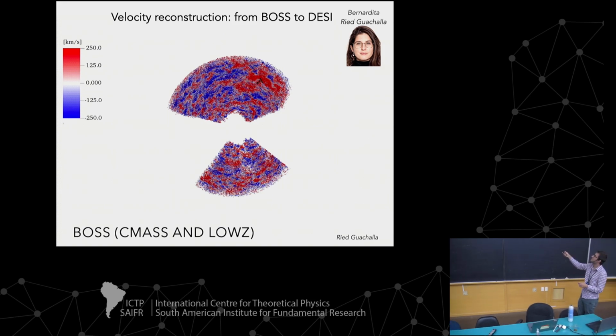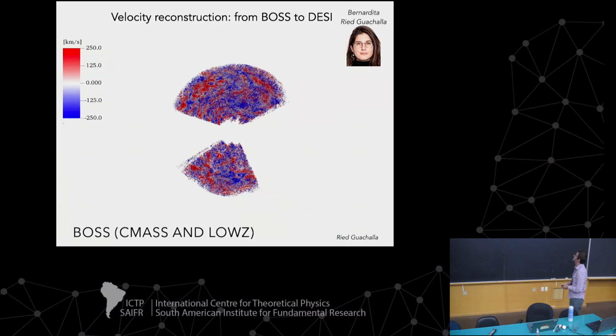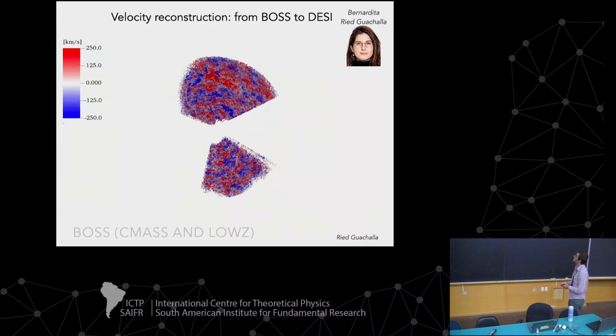Each dot you see here is an individual galaxy from a spectroscopic sample. And the colors represent whether we think the galaxy is moving away from us or towards us, based on this reconstruction process. And so this is the data set I was using in 2020.